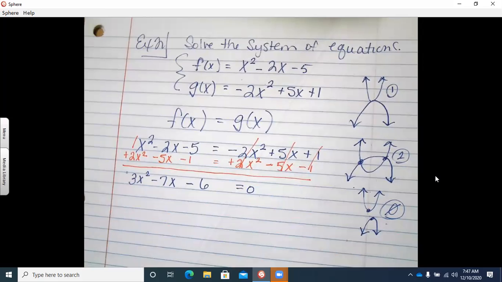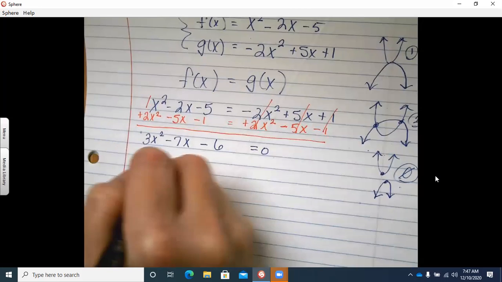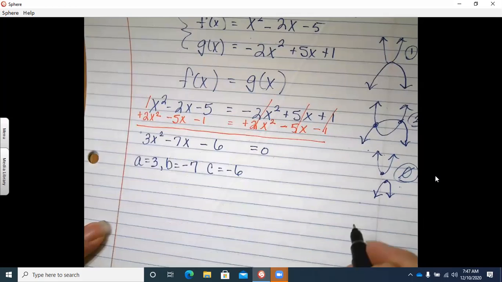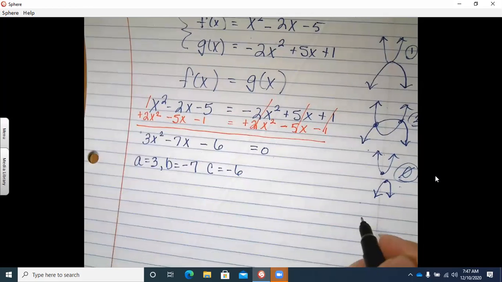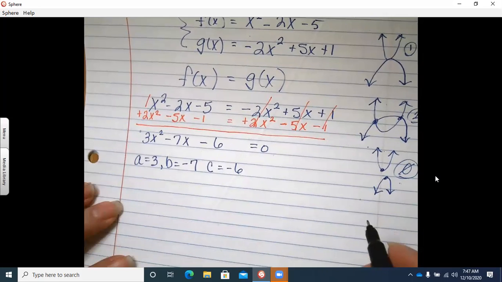Yay. So let's factor. We know that A is 3. Oh, and there's not a GCF, right? Because if there was, we would take that out first. B is negative 7, and C is negative 6. Okay, so we will make our little T-chart.